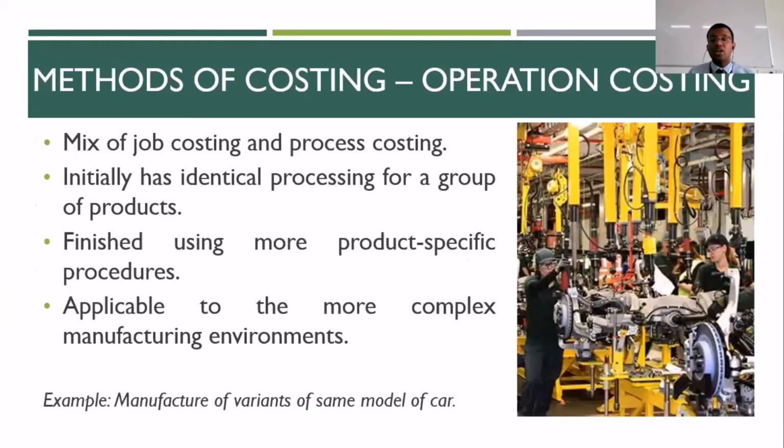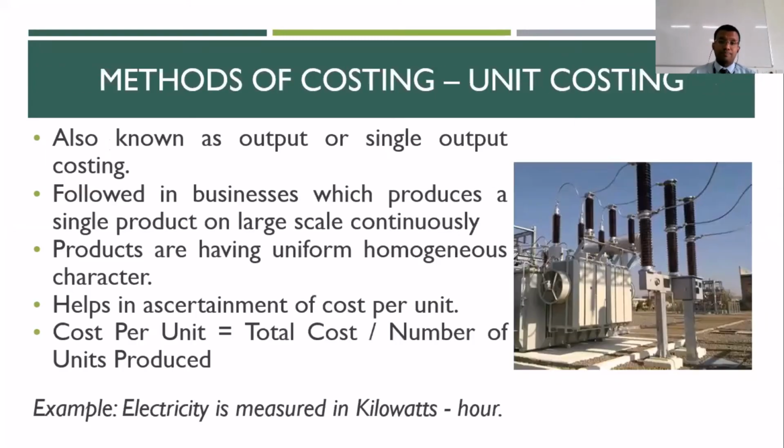Then you have operation costing. In operation costing, you're dealing with the same product, but it may involve some degree of differentiation. So you're using a combination of process costing as well as job costing to determine the cost. I gave you the example of a model of car where you're dealing with different variants of that model.